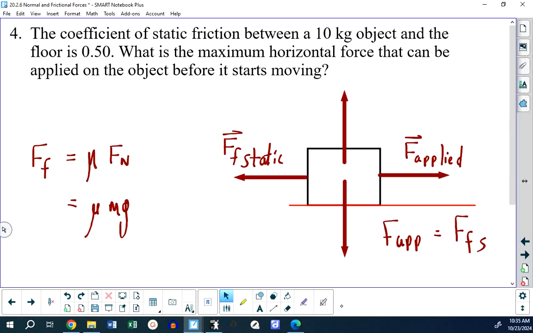How do you calculate the force of friction? Mu Fn. Well, we can't calculate Fn directly, but it's the same as the force of gravity. That's why all these subscripts mean things.